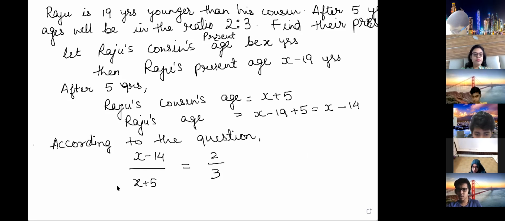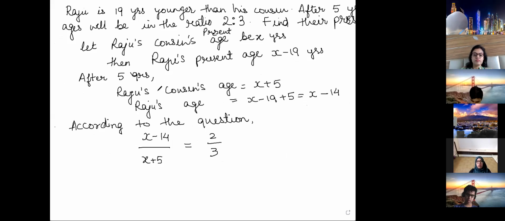X's value, how much is everyone getting? You got it, Saklen? I'm solving over here. Cross multiply, so 3 into x minus... answer or not?